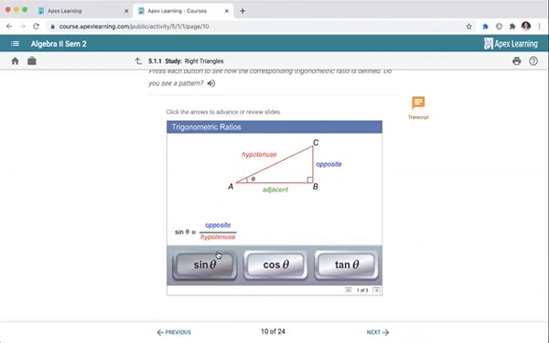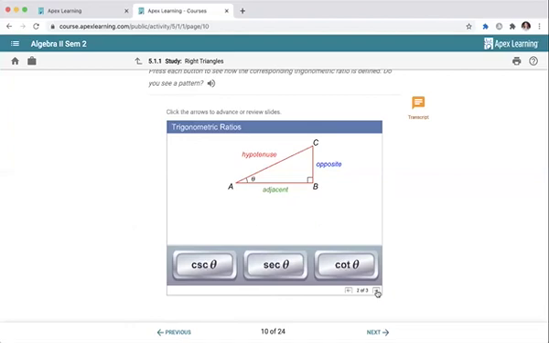Then we go to our cosine: CAH, cosine, adjacent over hypotenuse. And then our tangent is opposite over adjacent, TOA, T-O-A. That's how we look at these three trigonometric expressions.